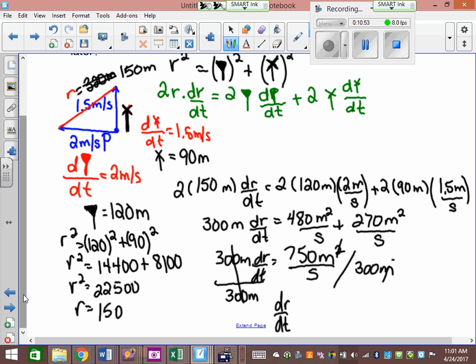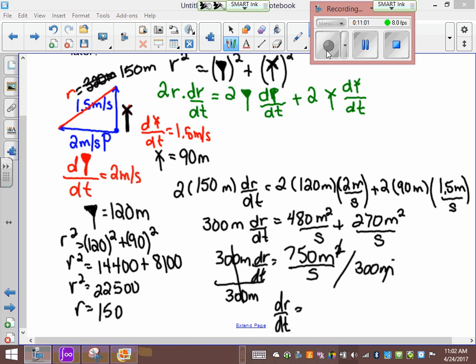What's 750 divided by 300? It has to be 2.5. And that one you could do in your head because 300, then 600, then you have 150 away, so that's another half. So it'd be 2.5. You can do that in your head.